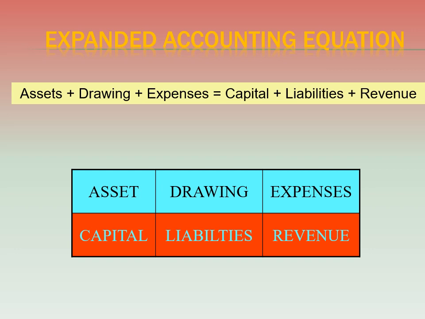Whenever assets, drawings or expenses increase, you will debit the account, whereas whenever capital, liability and revenue decrease, you will debit that particular item, and vice versa. Whenever assets, drawings or expenses decrease in your business, or capital, liability or revenue increase in your business, you need to credit your item.